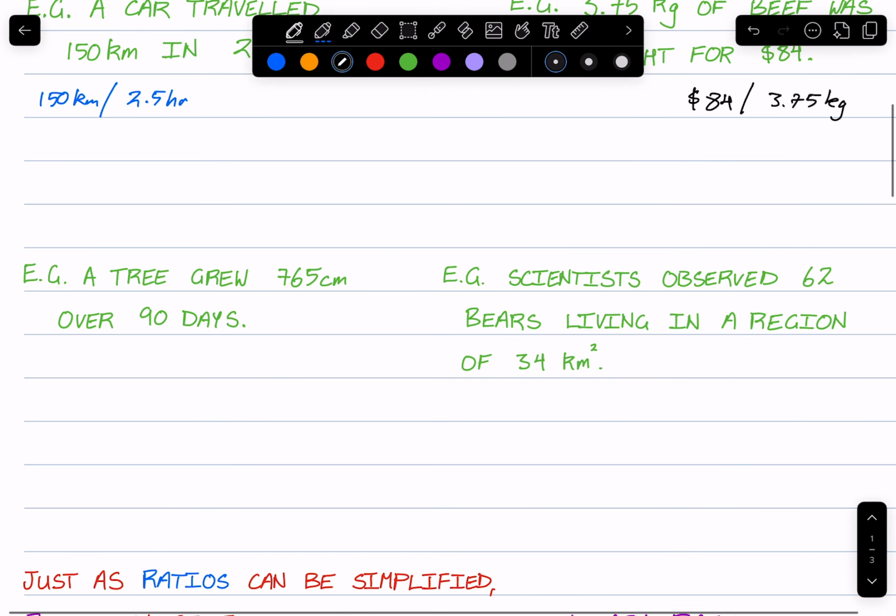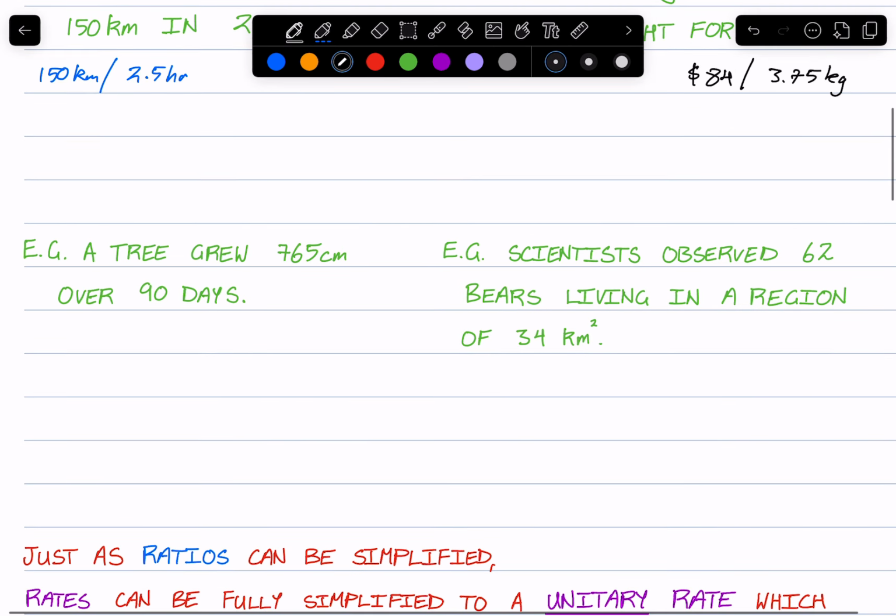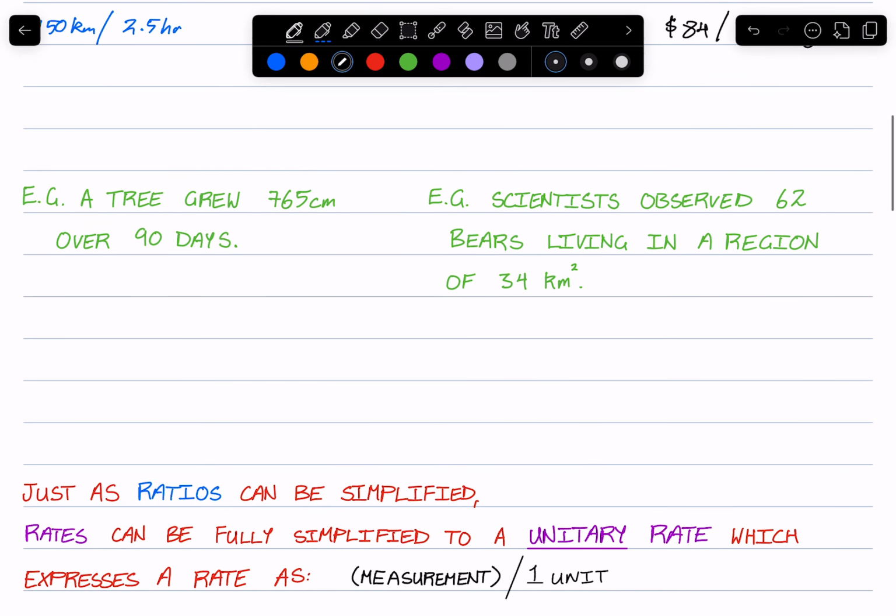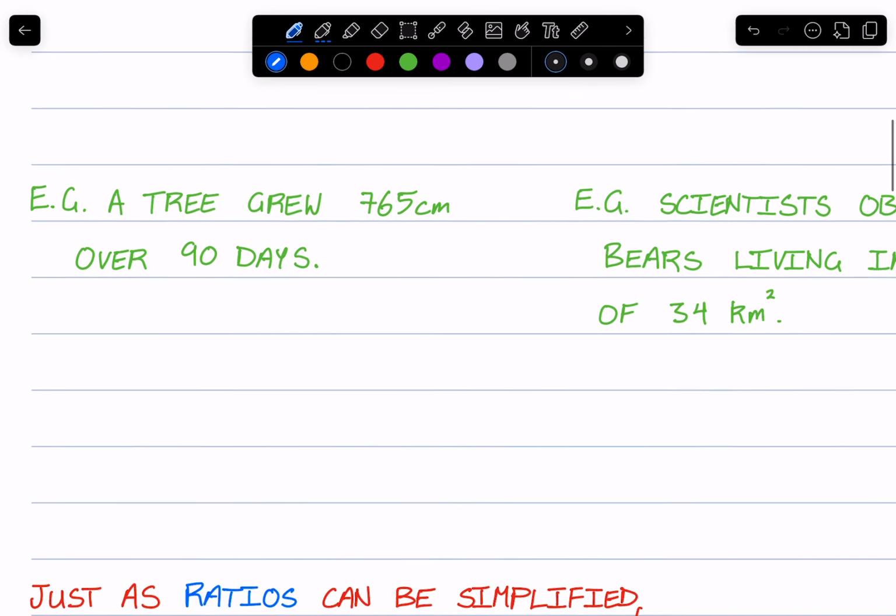The next one, a tree grew 765 centimeters over 90 days. Okay, so again, we can write this as 765 centimeters per 90 days.